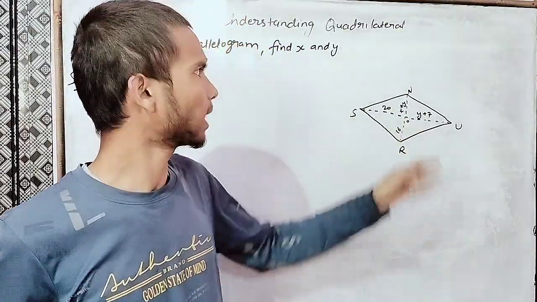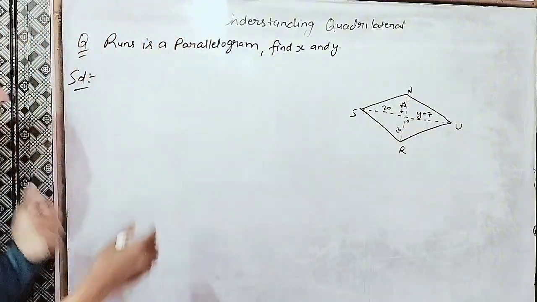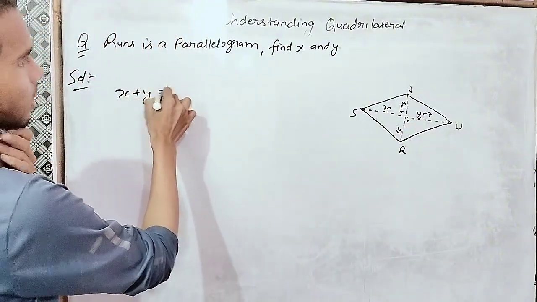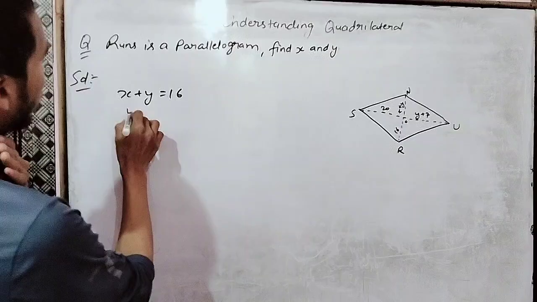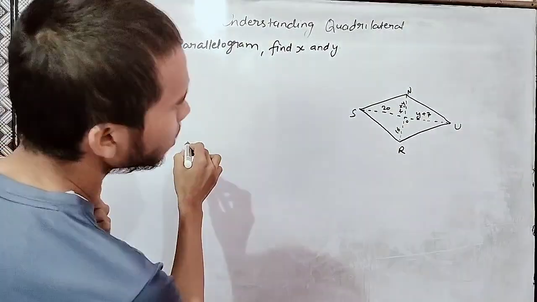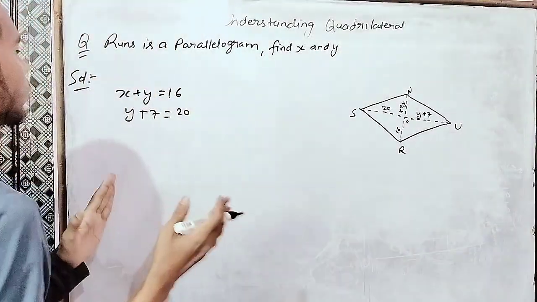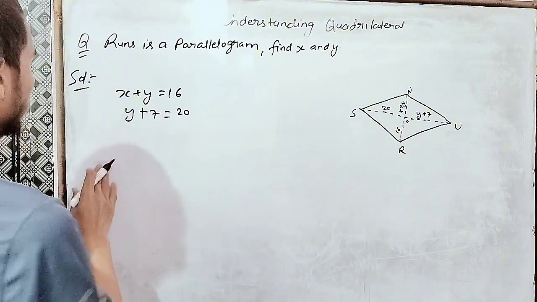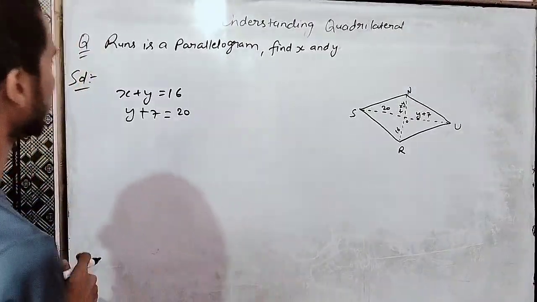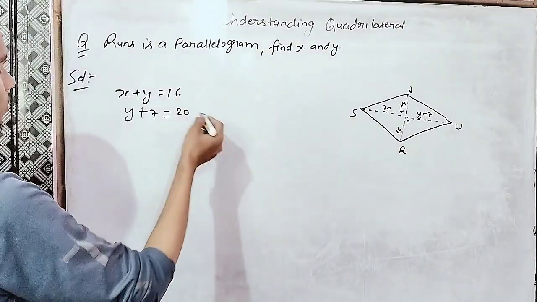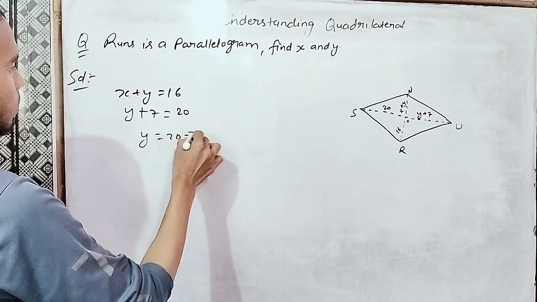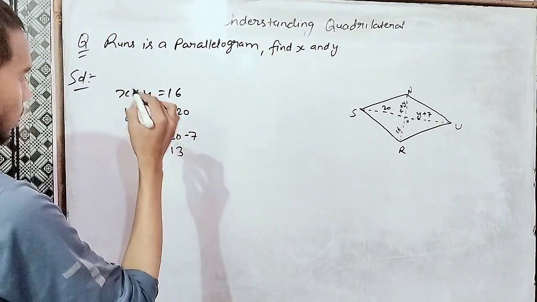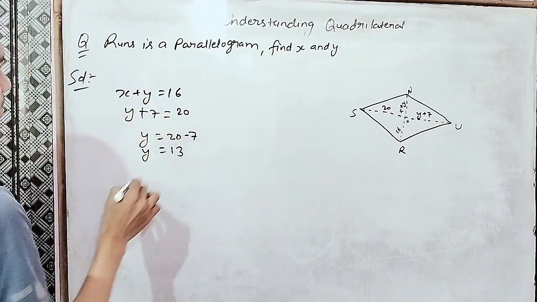RO is equal to 16 and NO is equal to x plus y. So can we write x plus y is equal to 16 and y plus 7 is equal to 20. We have two equations. Okay. First of all, let's solve it. Y is how much? 13. Value of y is 13.